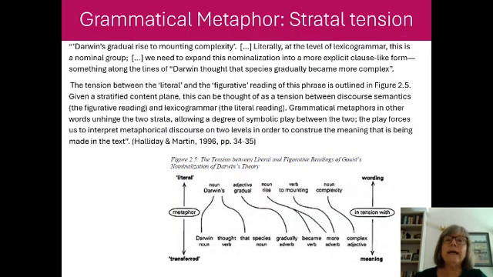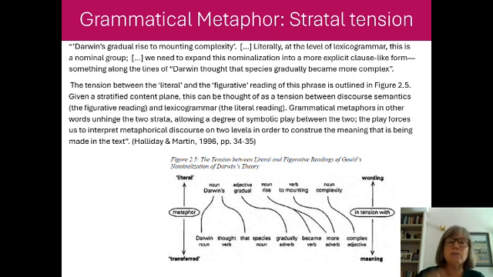What do we mean by that? This is an example used by Martin and Halliday in their book on writing science. So, for example, Darwin's gradual rise to mounting complexity is literally, at the level of the lexical grammar, a nominal group, but we can expand it into a clause: Darwin thought that species gradually became more complex.